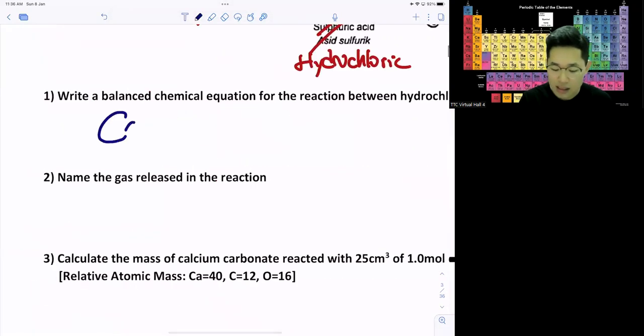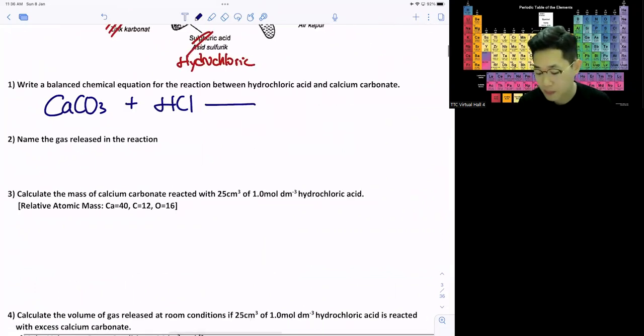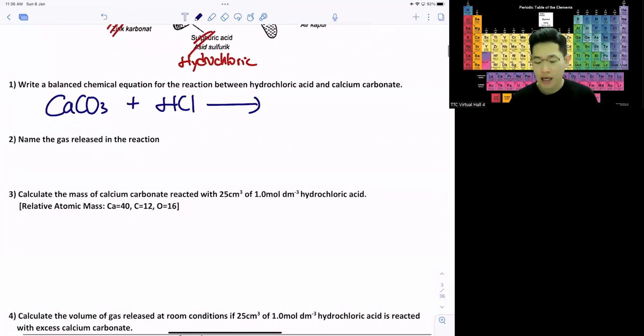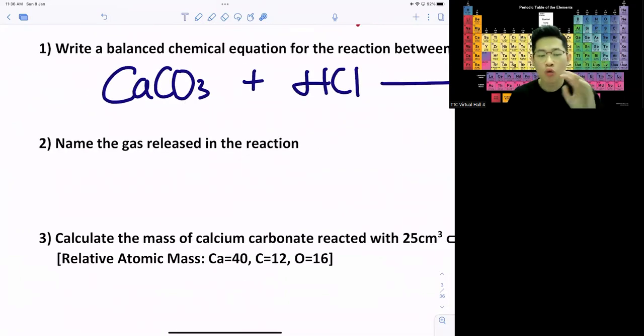Calcium carbonate, CaCO3. Hydrochloric acid, HCl. Okay, how to get the product in a chemical reaction? What we will do is we will always try to use our shortcut, the exchange partner shortcut.